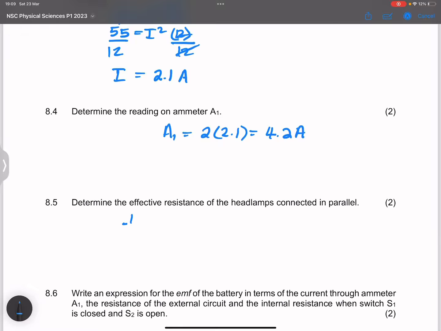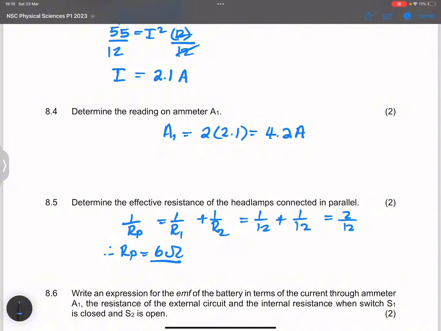So remember, we say 1 over R parallel is 1 over R1 plus 1 over R2. But each one of them had 12 ohms, isn't it? So that would give us 2 over 12. But remember, that's 1 over R parallel, so R parallel would be equal to 12 over 2, which is 6 ohms, right?